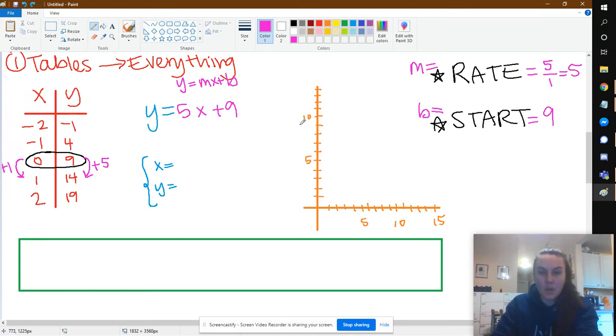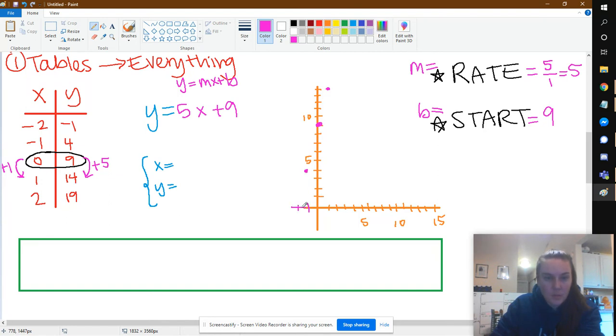Okay, for our graph, we started at 9, so over 0, up 9. From 1, we have 14. And then we kind of quickly run out of the graph, to be honest. I'm going to go over -1 and put a 4.